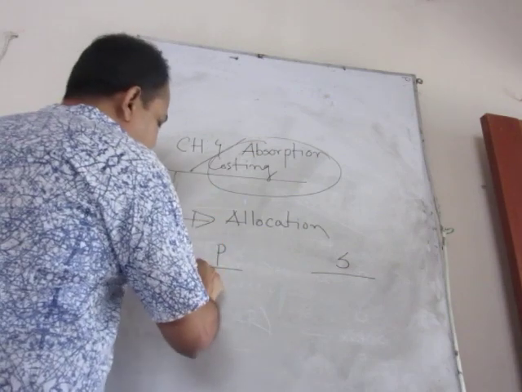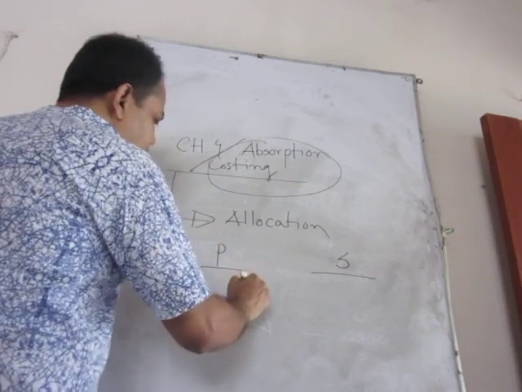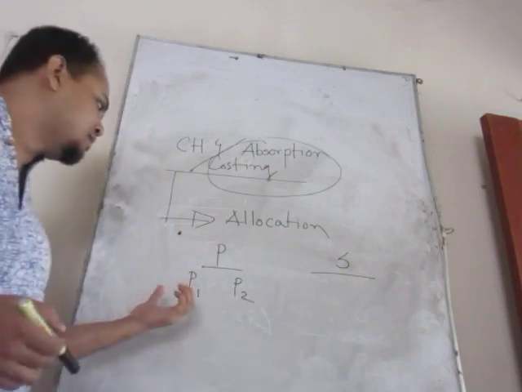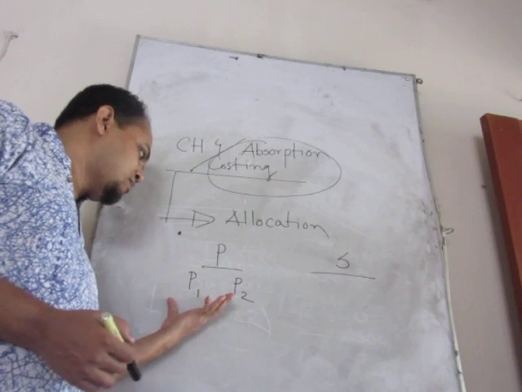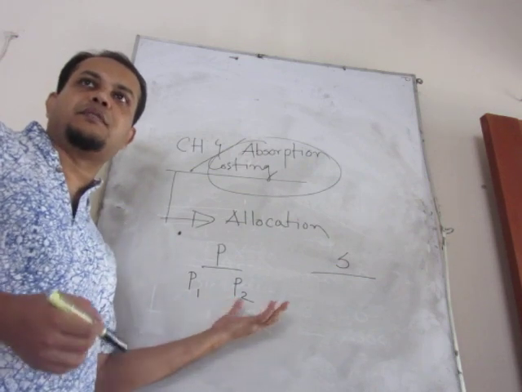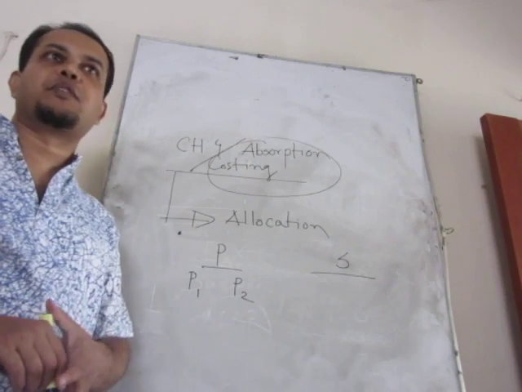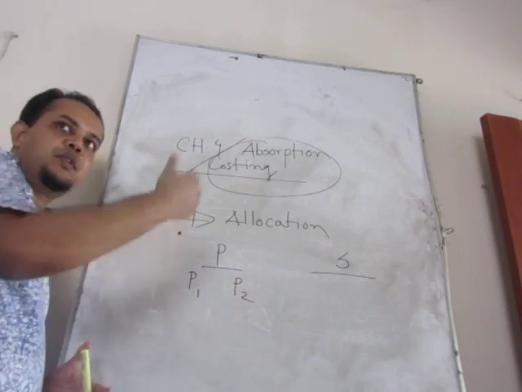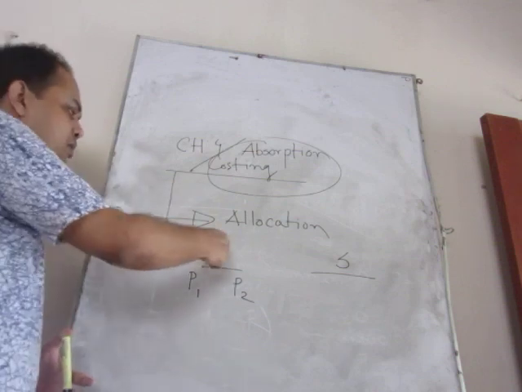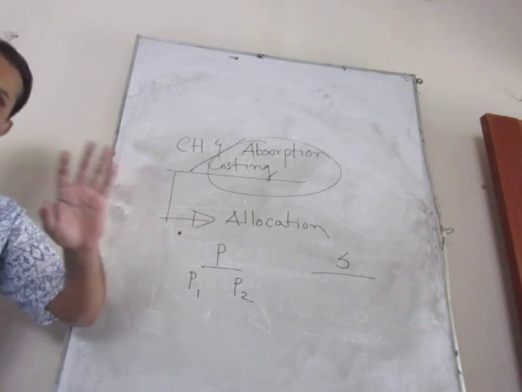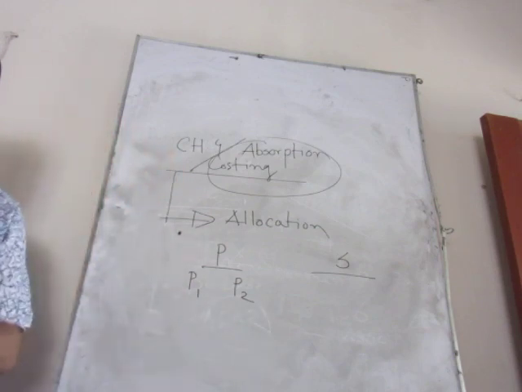You have production department 1, production department 2. Suppose this is the assembly department, and this is the final production department. There are several departments producing specific goods. As a whole, they are called production departments. So P1 and P2 are production departments.